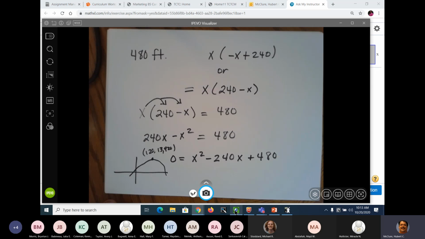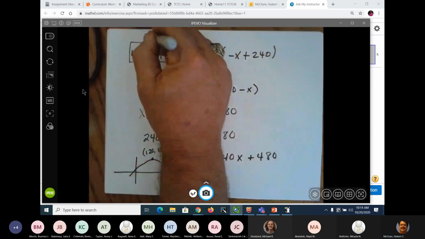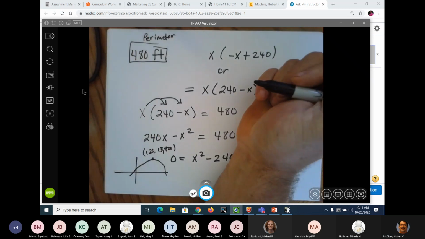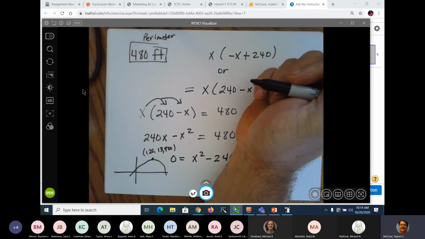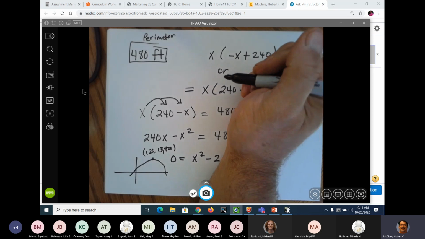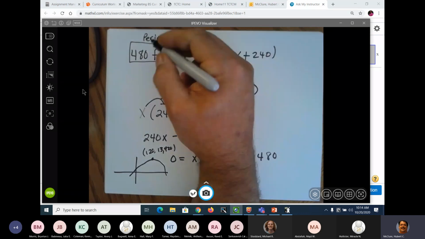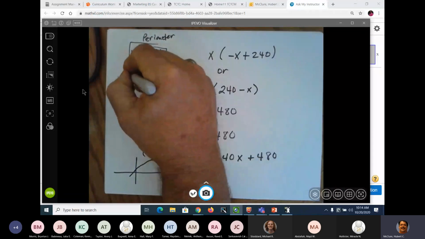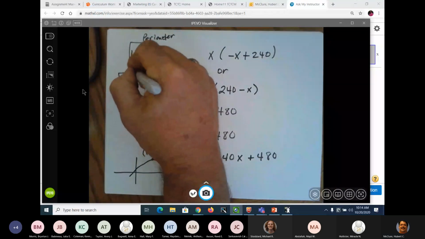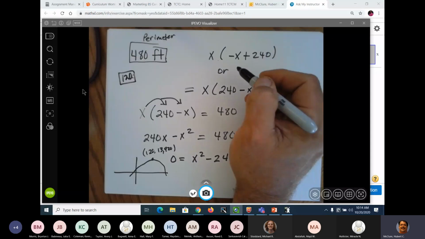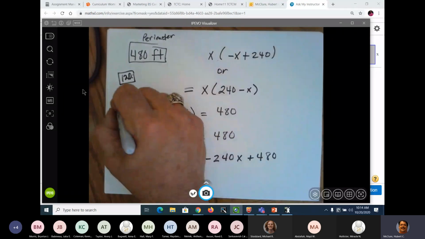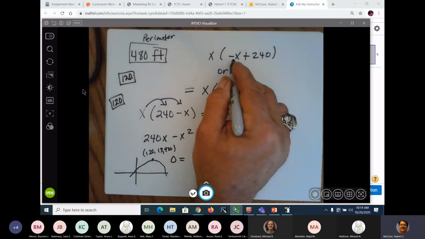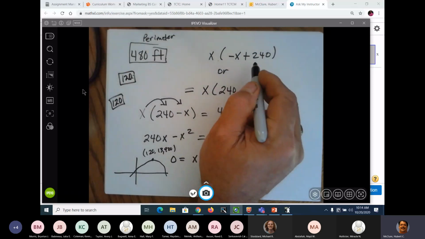See, this is the perimeter. So I just found x is 120. That's the most area. Now I've got to plug that in here because x is 120, and the other side, negative 120 plus 240, is 120 also.